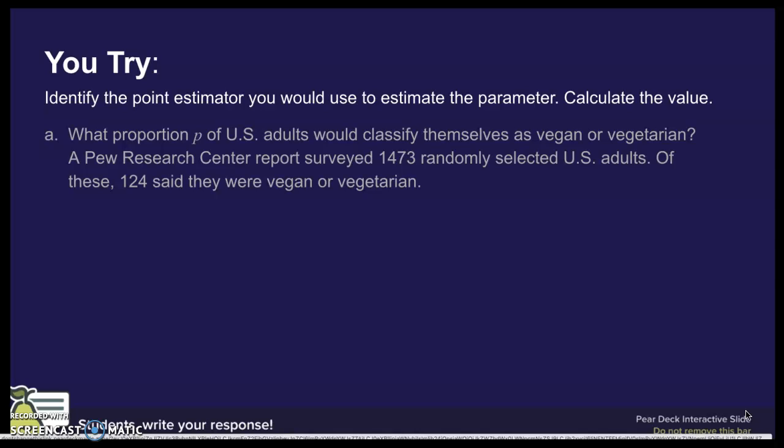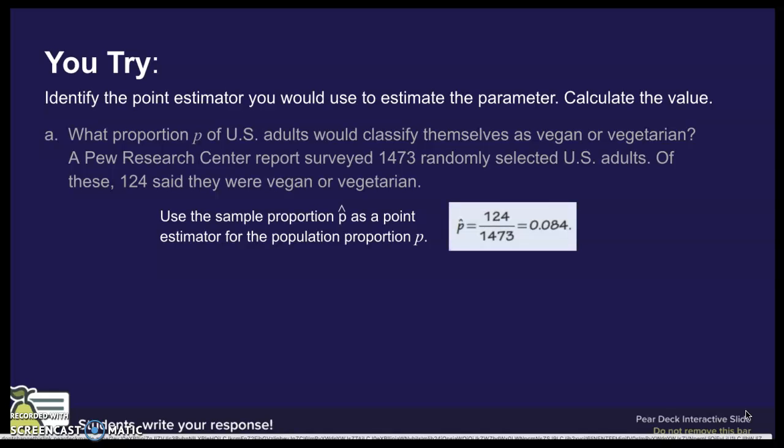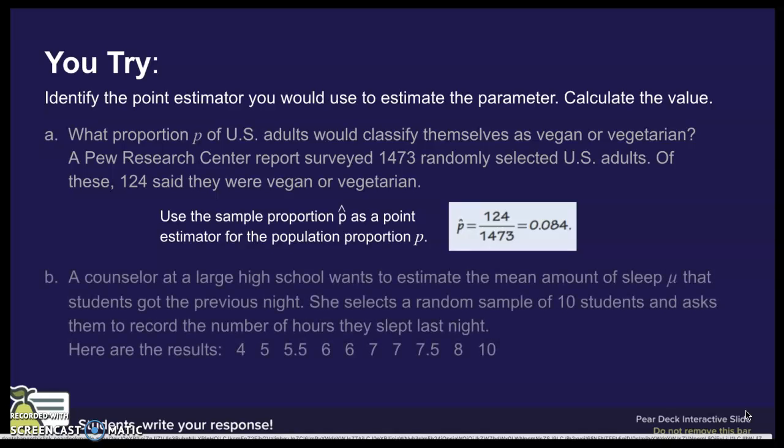So what is the point estimator you would use to estimate the parameter? You're going to use your sample proportion, p hat, as the point estimator. And in this case, that's just 124 over 1,473, or 0.084.